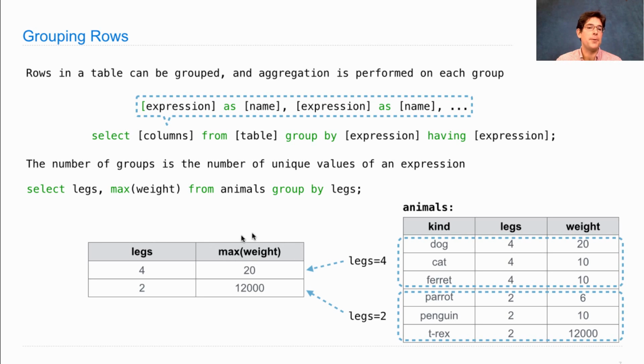And then it computes the maximal weight by maximizing over all the rows in this group. So the maximum weight for a 4-legged animal is 20, and the maximum weight for a 2-legged animal is 12,000. This notion of grouping together rows and then aggregating those groups is actually quite powerful. So let's look at some more examples.